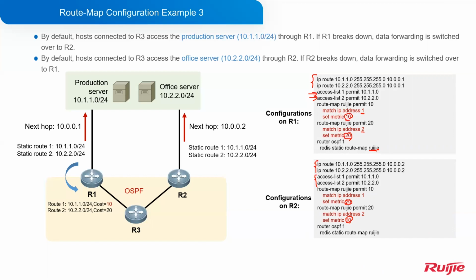So in this case, R1 and R2 can achieve load balancing, right? From R3, the production server by default goes through R1. The office server by default goes through R2. And they will be the backup of each other. Okay, this is another application scenario of route map to control the exit.